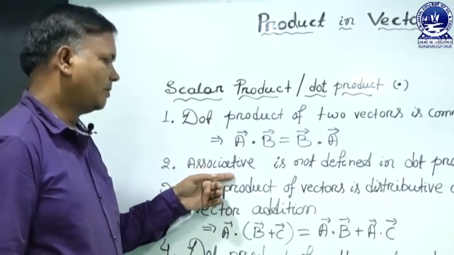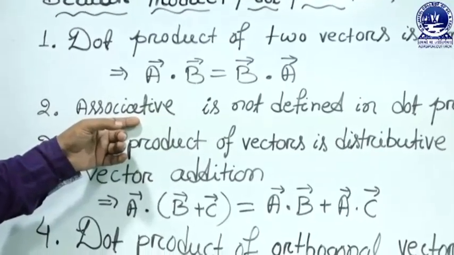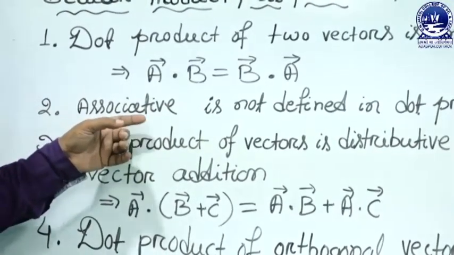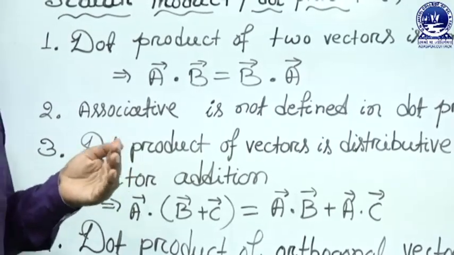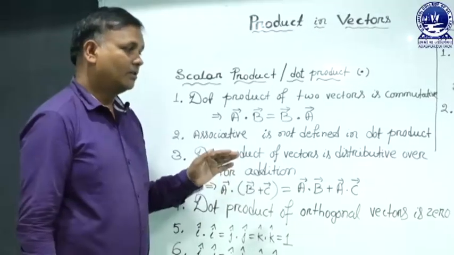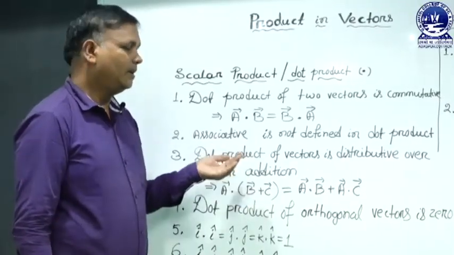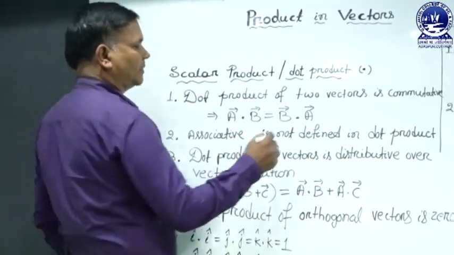Next, we discuss the associative property. The associative property cannot be defined. It may be associative, but it is not defined in case of a dot product. Why is it not defined?